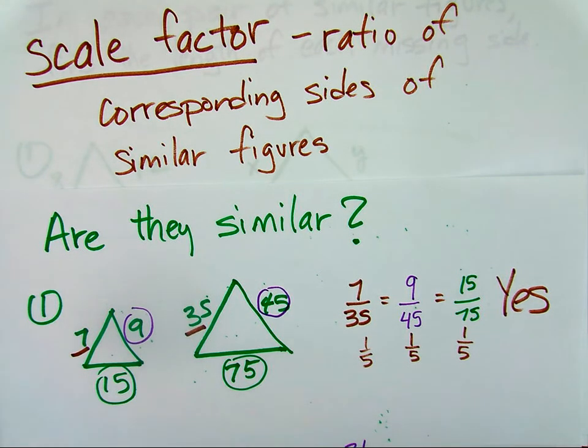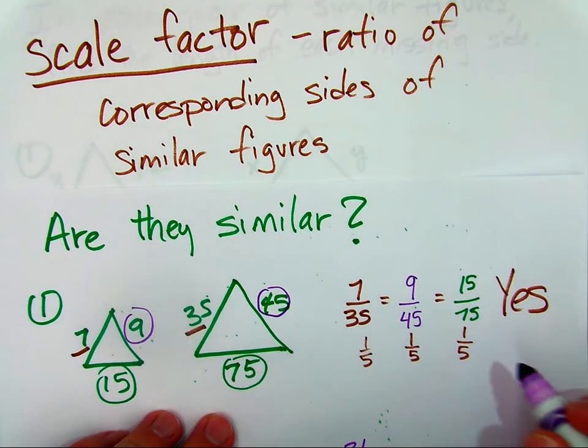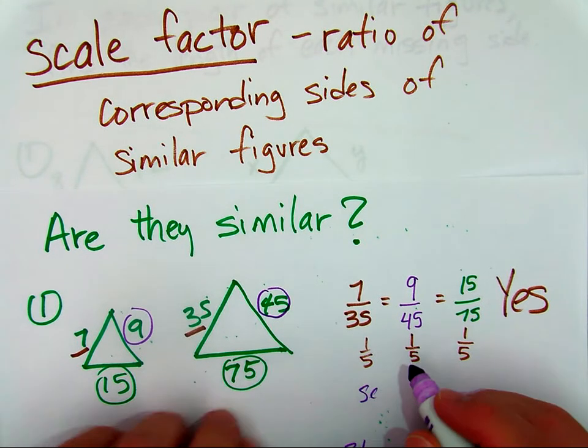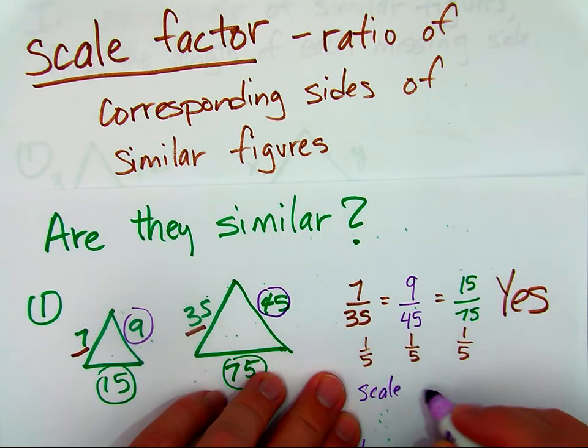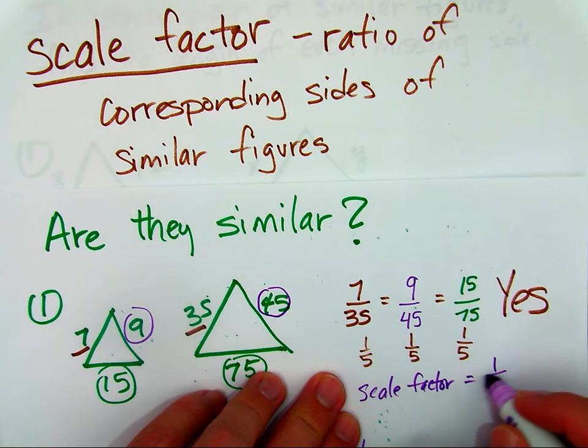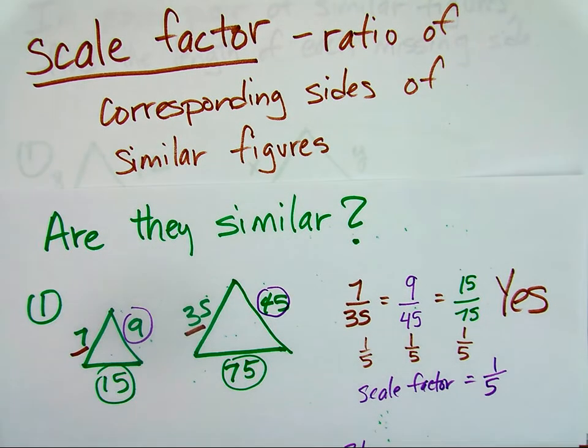In this case, the scale factor for this set of triangles equals 1/5.